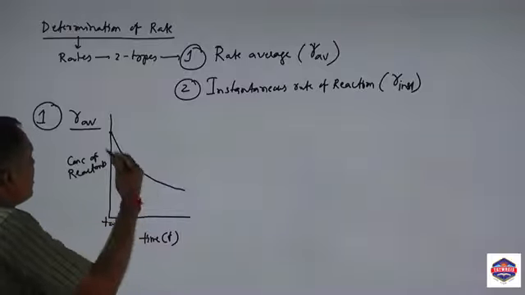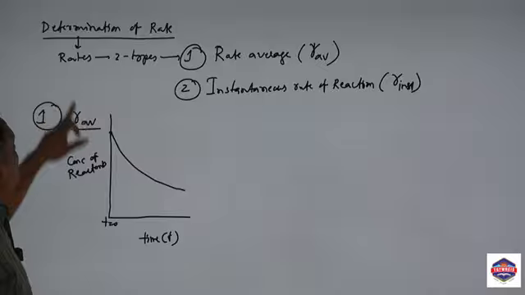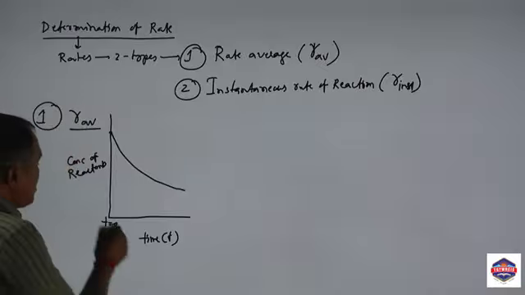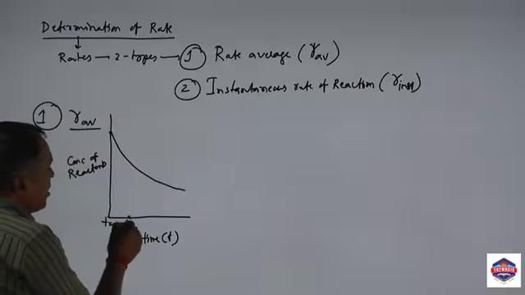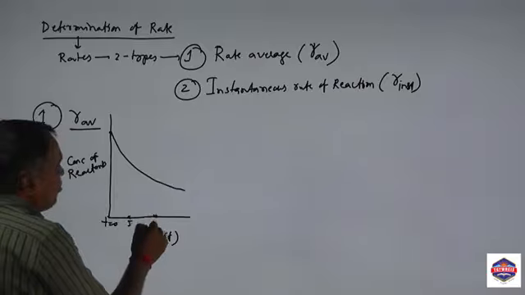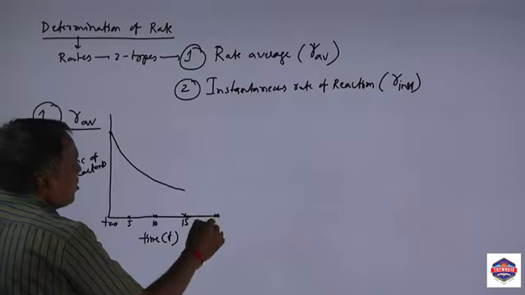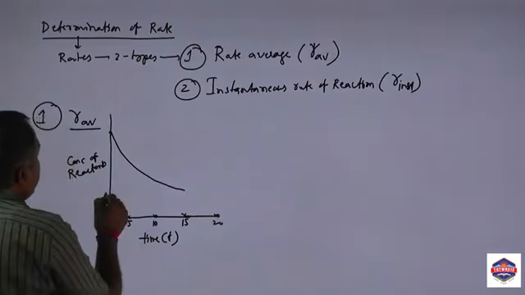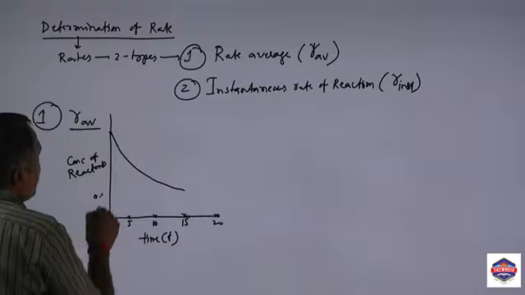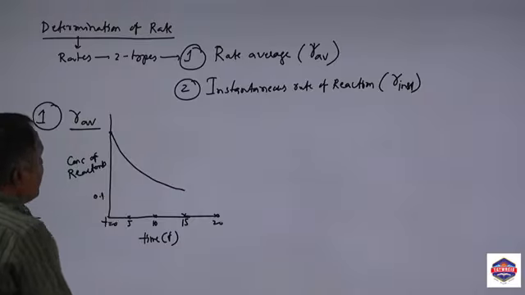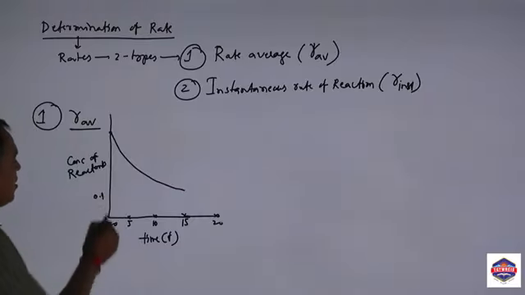So for this, how can we determine the rate average? For example, this is time t equal to 0, this is at 5 minutes, this is at 10 minutes, this is at 15 minutes, and this is at 20 minutes. Initially the concentration of reactant is here.